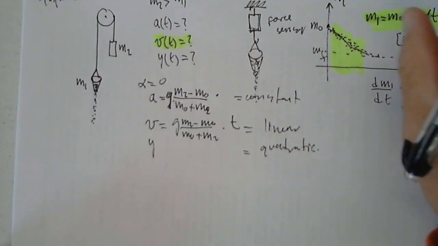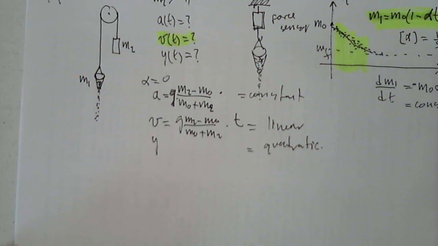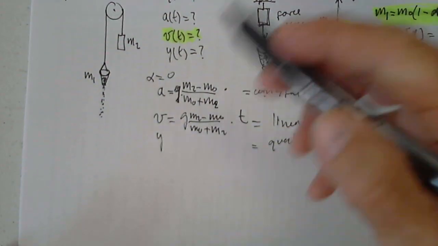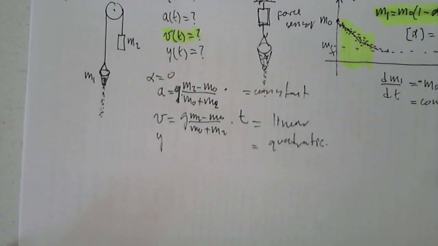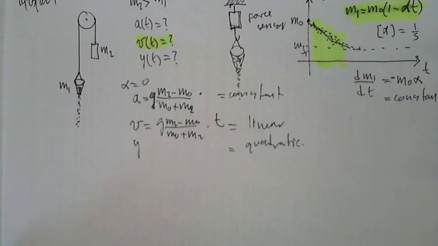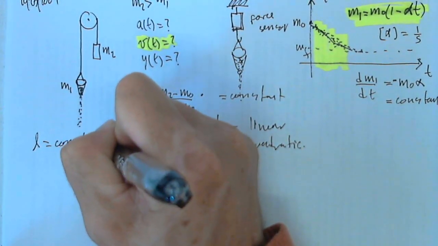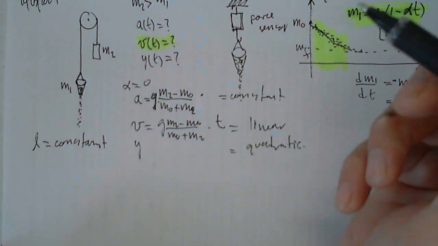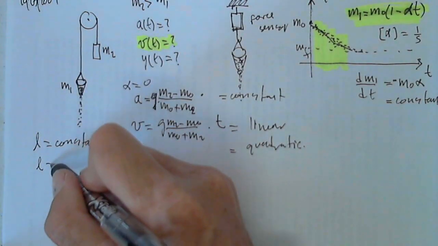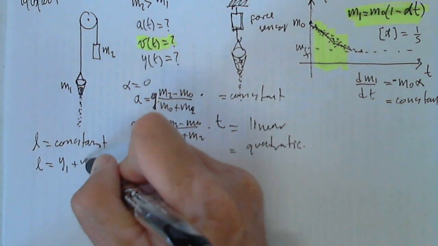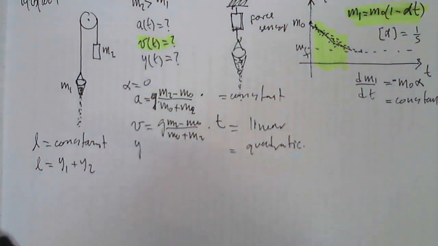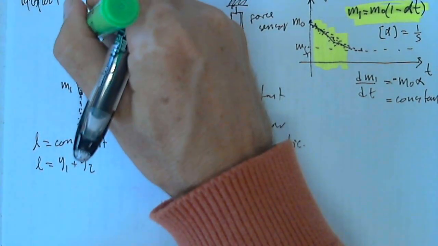The first thing that we are going to do is to know what is the same over here as in the Atwood machine problem, and the same thing is that the length of the string is constant. This implies, let's say, L is y1 plus y2, if I put my axis over here.